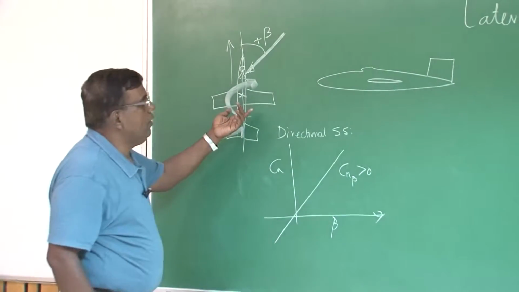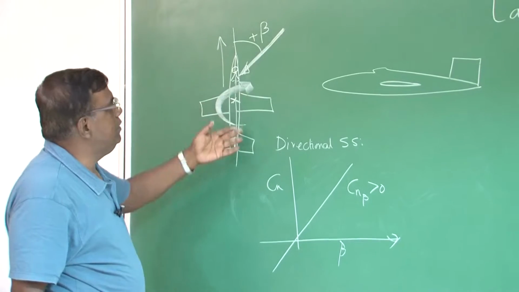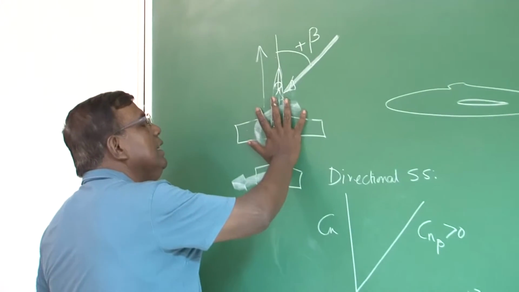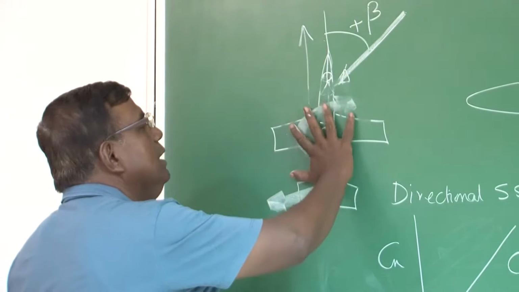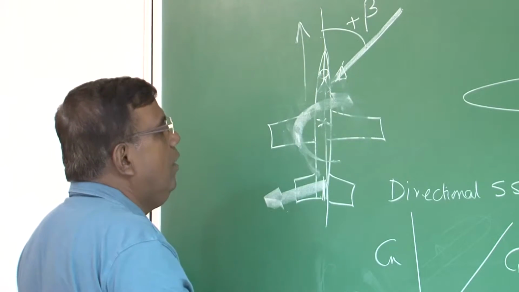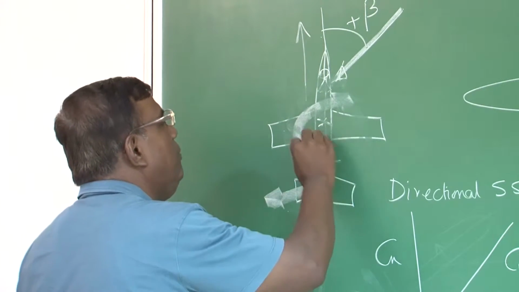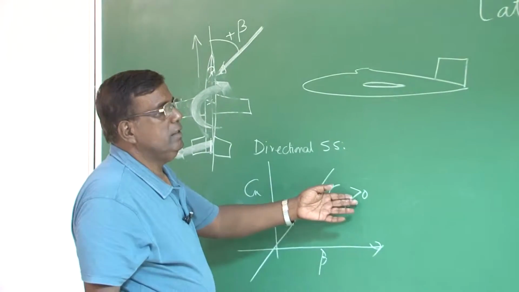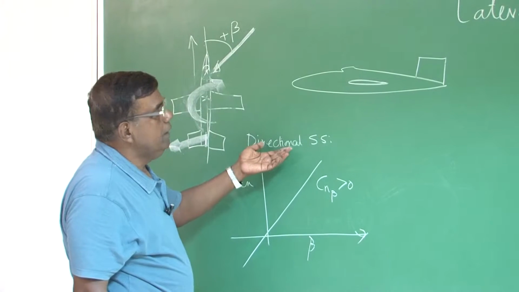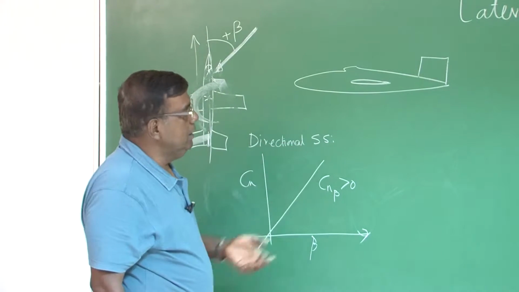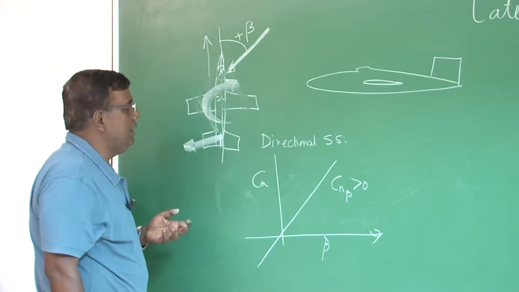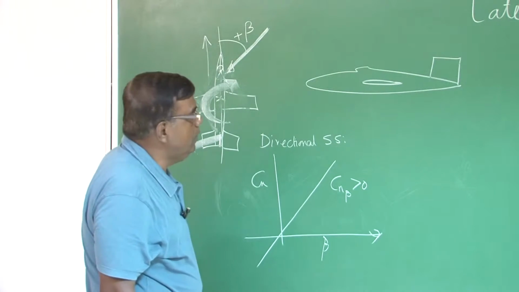In this case, we are talking about a yawing moment. So, for a positive beta, if you want to counter this beta, if it has to have a tendency to make beta 0, then it has to turn towards right or generate a positive yawing moment, and that is how Cn beta greater than 0 was the condition for directional static stability, and primary contributor was vertical fin or vertical tail. This we know.